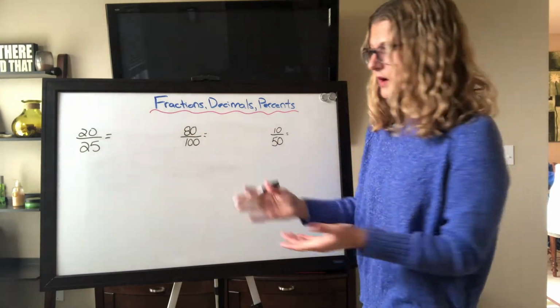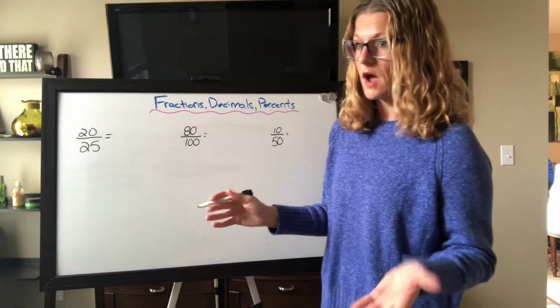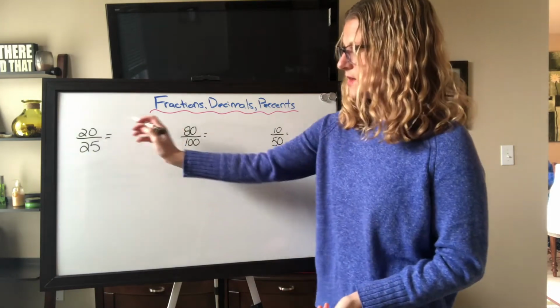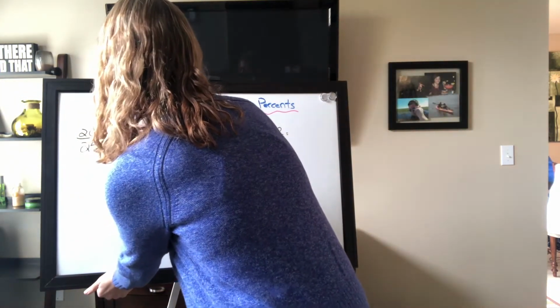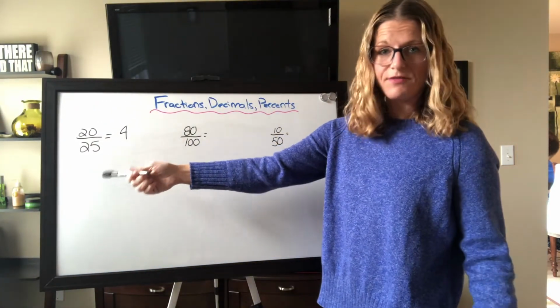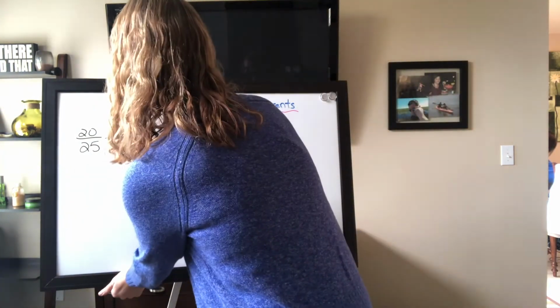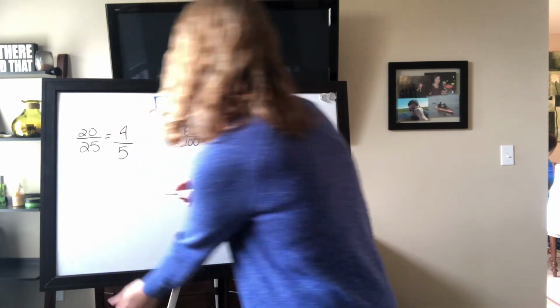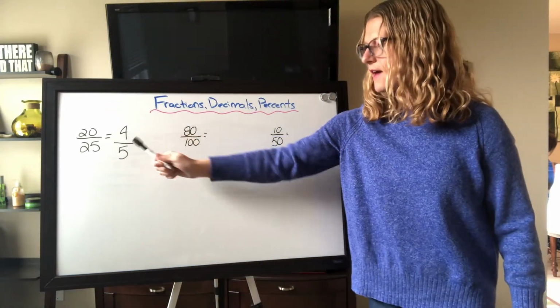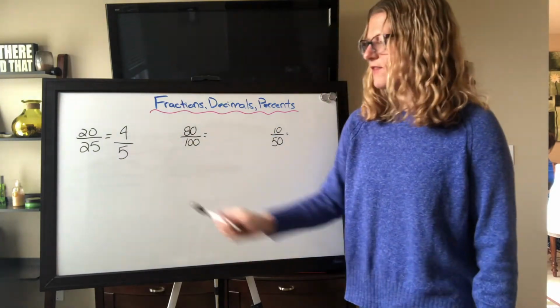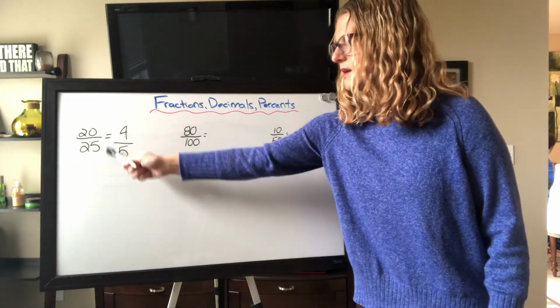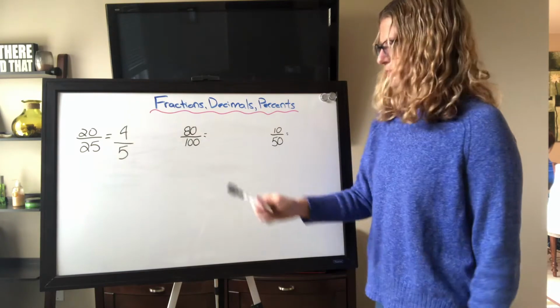Well, 5 would work. So, we are going to divide the top by 5 and the bottom by 5. So, 20 divided by 5 is 4. 25 divided by 5 is 5. So 4/5 is an equivalent fraction to 20/25, but this is the lowest possible term.